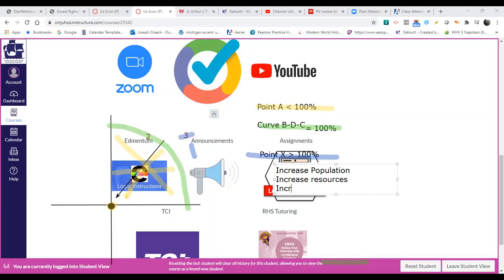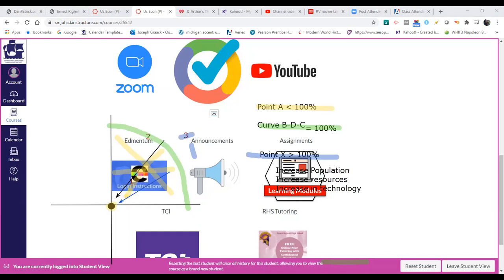Or you could have an increase in technology. If you could produce something faster, like they did during the Industrial Revolution, you could create more of something. So there are 3 areas in a production possibilities curve. This is how I keep track of it in my mind. You have an area closest to the origin, anywhere in area 1.